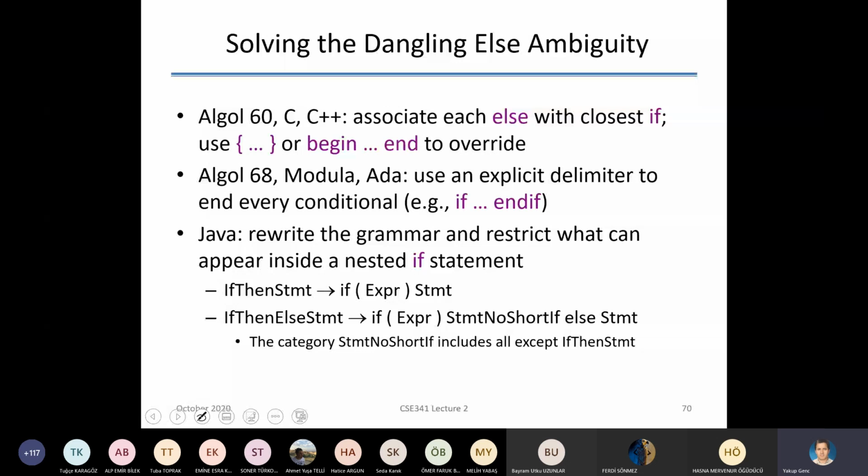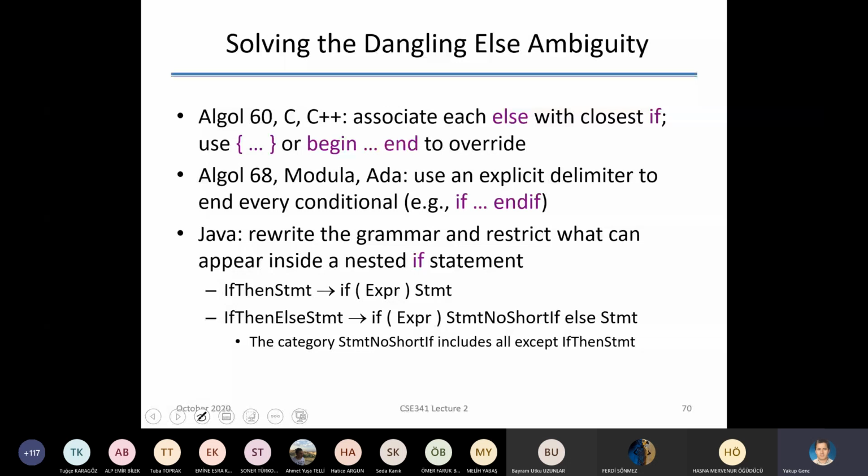This is ALGOL 60, C and C++. We are going to see later what this is. ALGOL 68, Modula and Ada use an explicit delimiter to end every conditional. They say, okay, I don't care about this; I want to have an end if for every if, so that I know where things are.